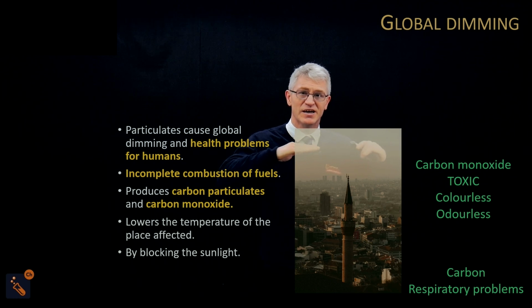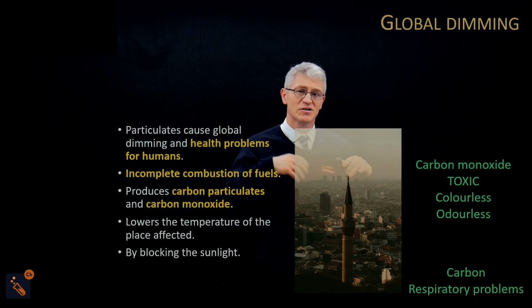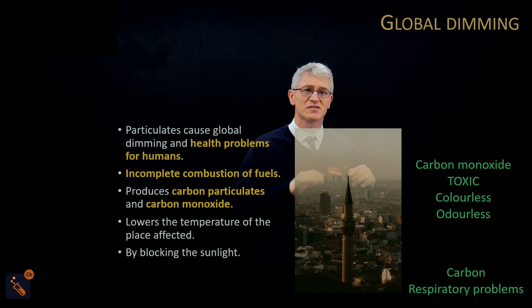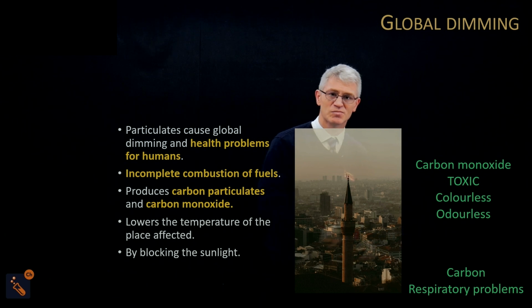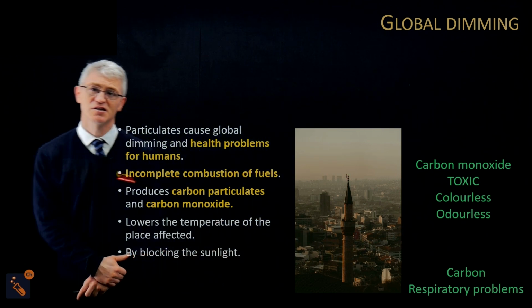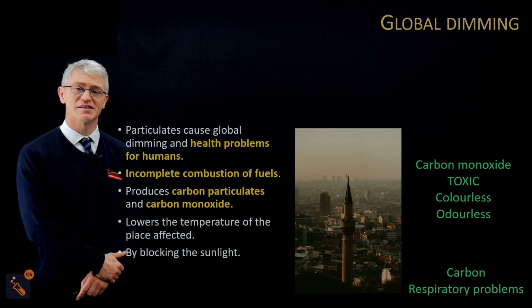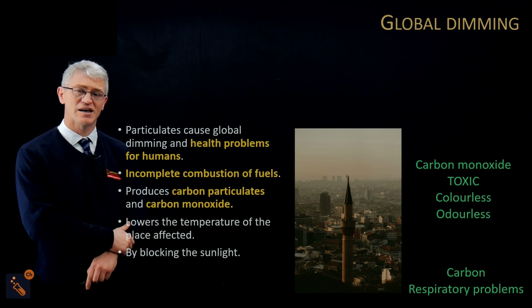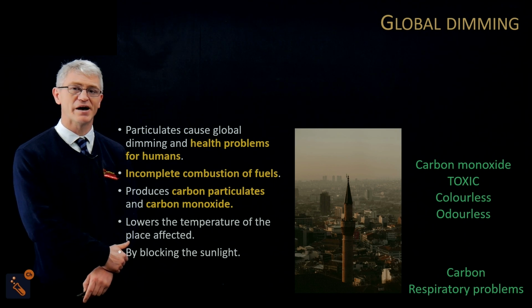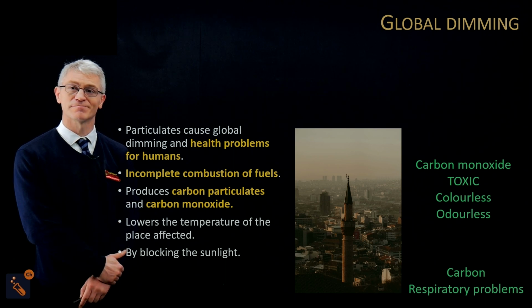It lowers the temperature of the place affected and blocks the sunlight as well, but the worst thing is the respiratory problems it causes to the humans inhabiting that city. In many cities like this, they'll have a pollution alert to say how bad it is at any one point, and lots of people in really bad places like this actually use face masks.